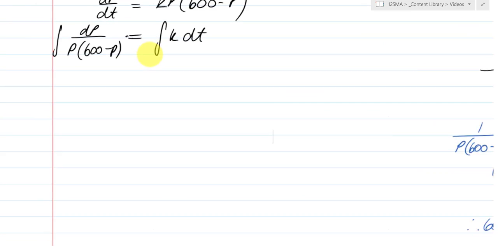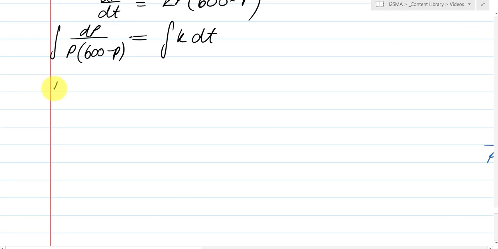And so I get up here that a and b factor means that I get 1 over 600 times the integral of, let's write it like this, 1 over P plus, and that's a plus actually, 1 over (600 minus P) dP equals the integral of k dt.